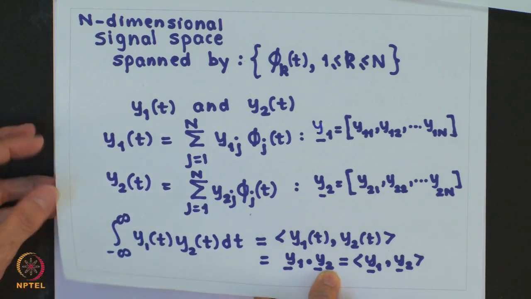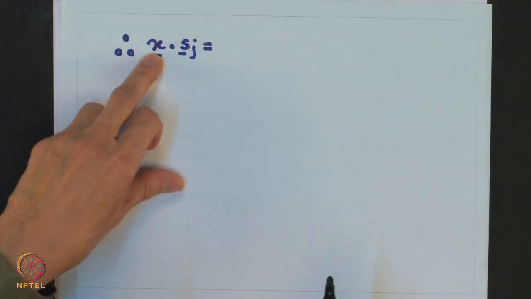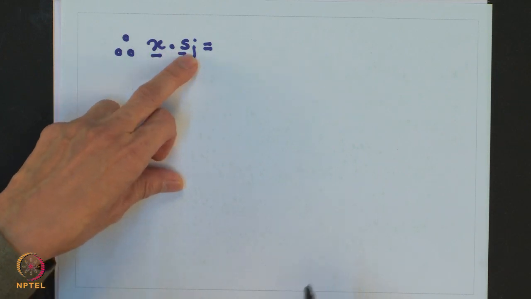So, based on this result, we could rewrite this dot product between x and sj also as follows.